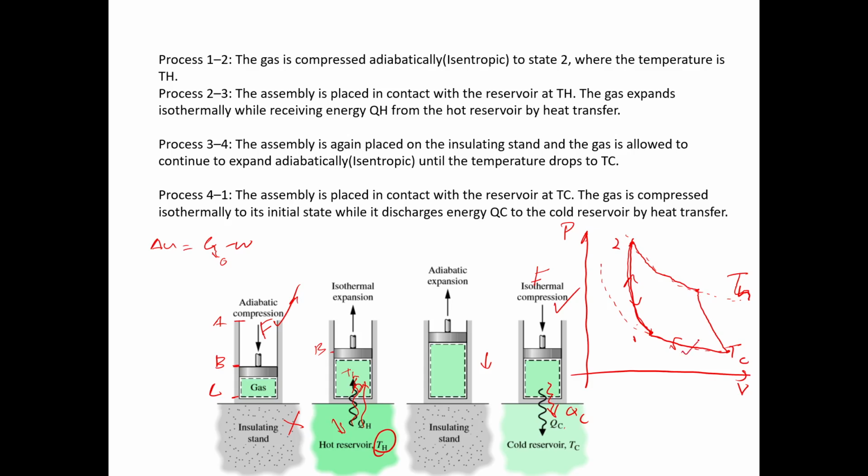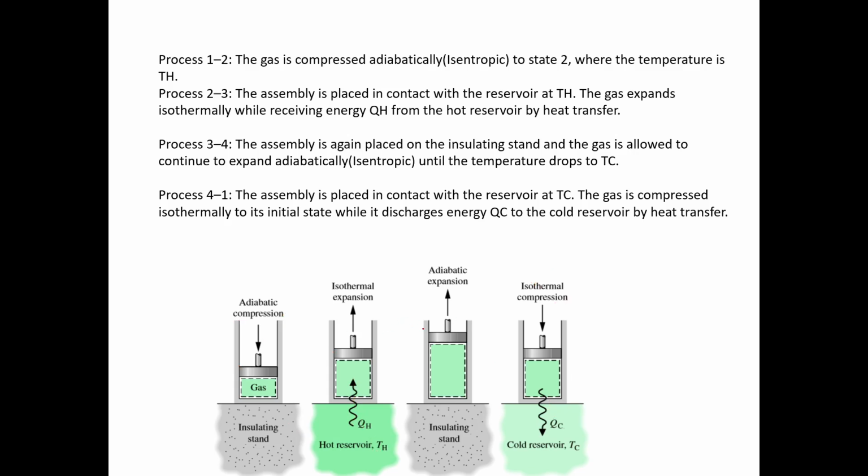So this one is compression, this one is compression, this is expansion, this is expansion, right? So this is the compression, again compression. In here we get W in, here also we have to do work on the system.